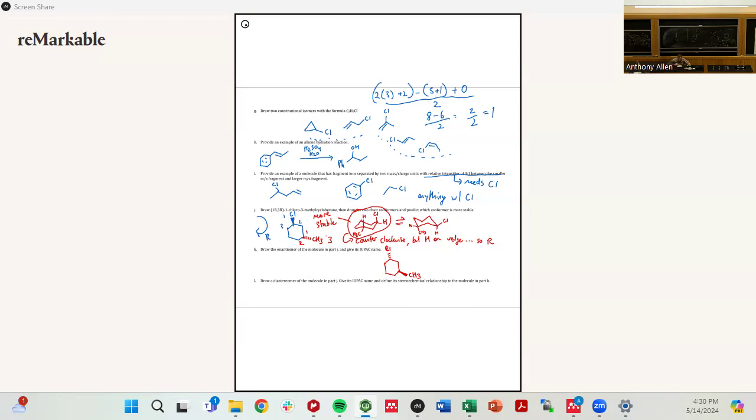IUPAC name: so if that was 1R, 3R, this has to be 1S, 3S, 1-chloro-3-ethylcyclohexane. Oh, good job. Draw a diastereomer.